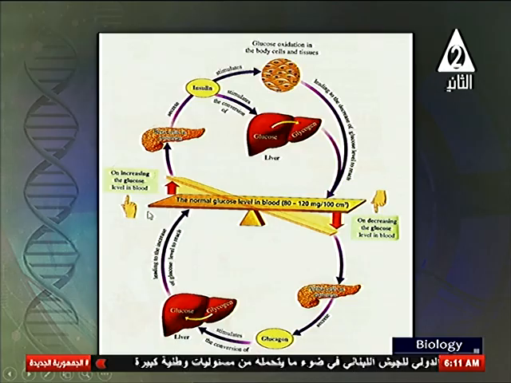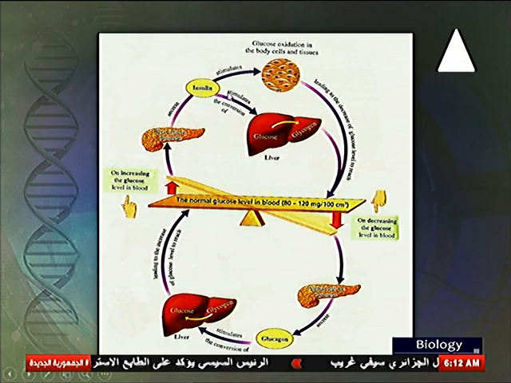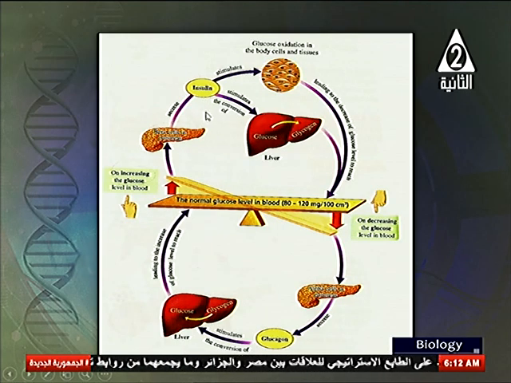If the level of glucose increases more than normal, pancreas secretes insulin, which stimulates cells to take glucose and do oxidation, or convert glucose into glycogen and store it in liver, or convert glucose into lipids and store it in different body parts. So the level of glucose will be decreased to the normal range.